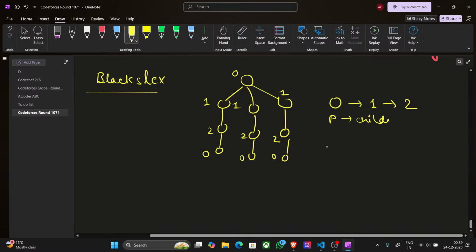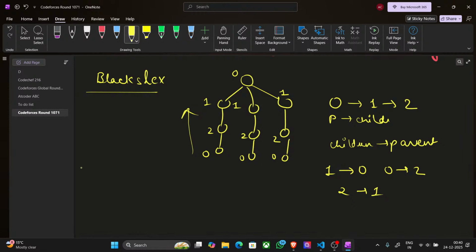So this is the parent to children chain. Same, the chain from children to parent will look like 1 to 0, 0 to 2, 2 to 1. This is the children to parent chain, if you go upward.